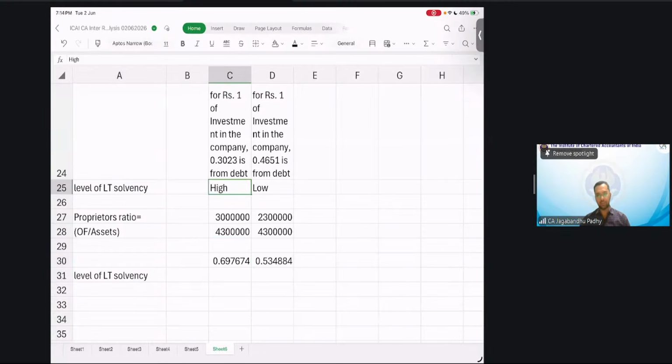Of course, the first one is having a greater degree of long-term solvency because of its higher proprietary ratio, or more proportion of your funds are coming from your own sources.